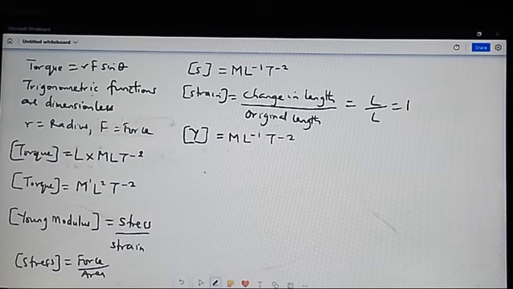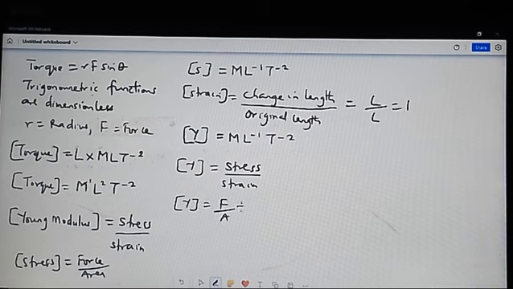Or we could go another way to say Young modulus is equal to stress over strain. We know this already. Just want to simplify further. And if stress is force over area, you say Young modulus is F over A divided by the strain, which is change in length all over original length.